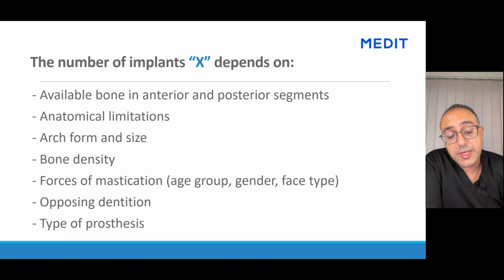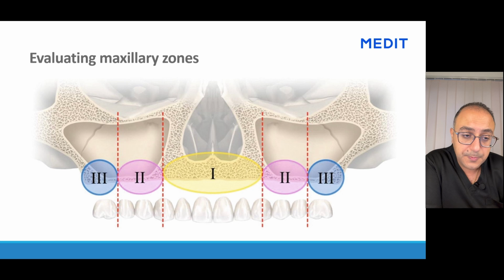And the type of prosthesis also you are going to use. Are you going to use a heavy titanium framework and zirconia crowns, or just an acrylic overdenture?